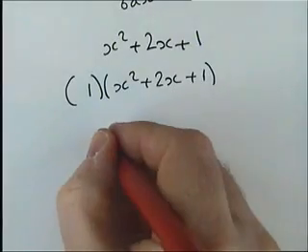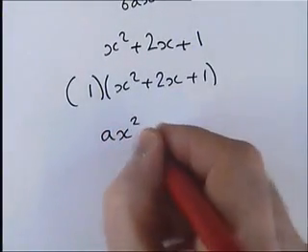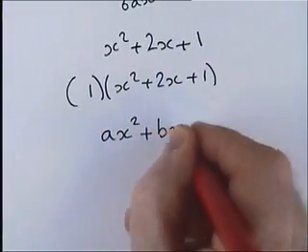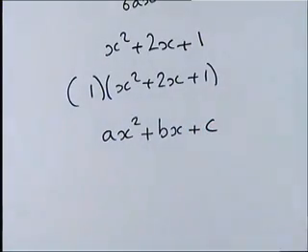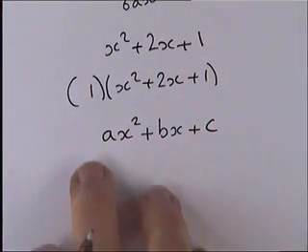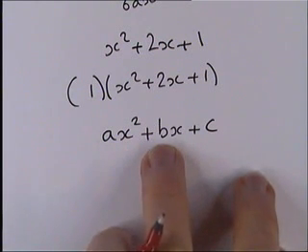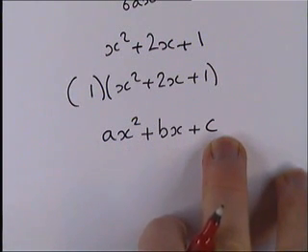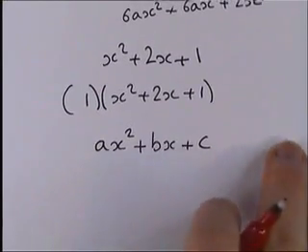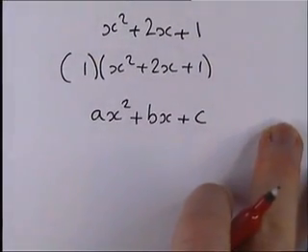Now the form of the quadratics that we will see looks like this: ax squared plus bx plus c. So there could be a whole number in front of the x squared, a whole number in front of the x, and a whole number for the c. They're the ones we'll be dealing with to begin with.